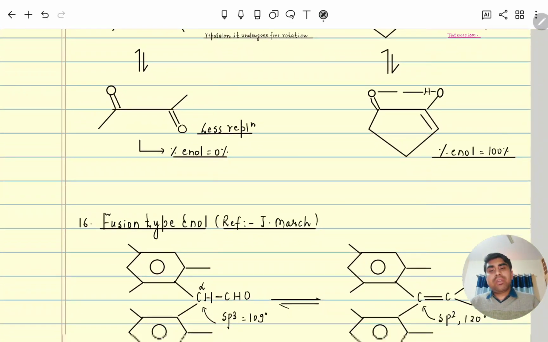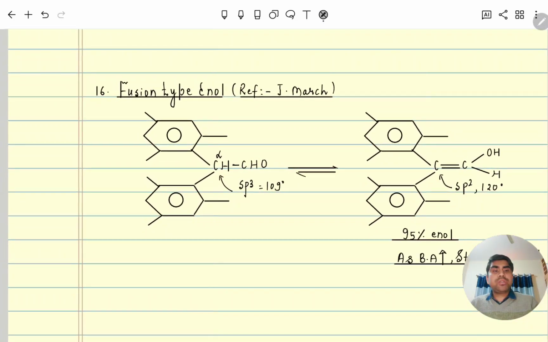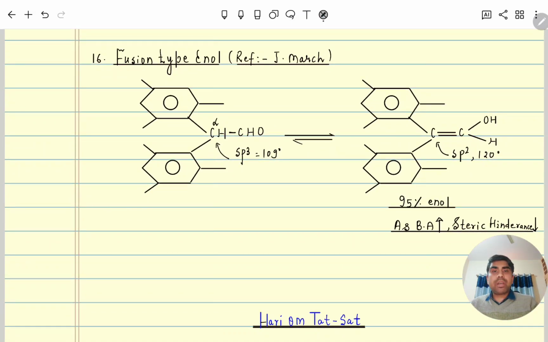Clear? Then after this, the fusion type enol tautomerism, this is given in the famous book by J March. In this, since the alpha carbon is sp3, the bond angle is relatively less, so due to steric hindrance it is less stable.